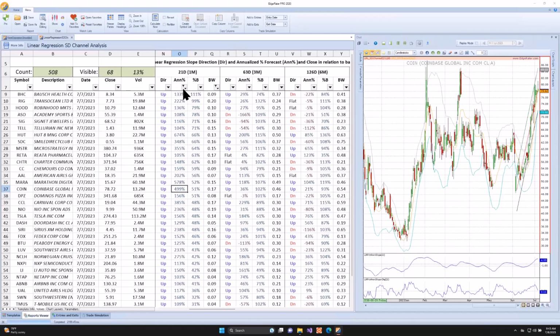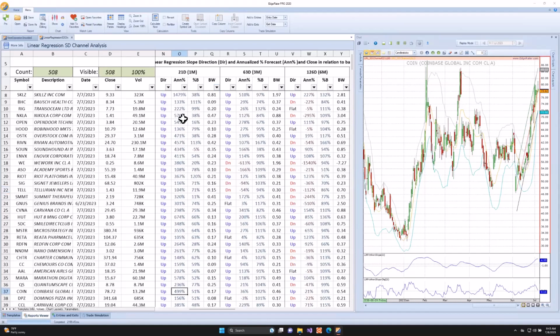Before we do that, we have to remember we've already done some filtering on the 1 month column, so we can go in and just clear that filter. You can tell there are filters because the column has this little filter icon by it. So we can just drop that down and clear that filter. Okay.